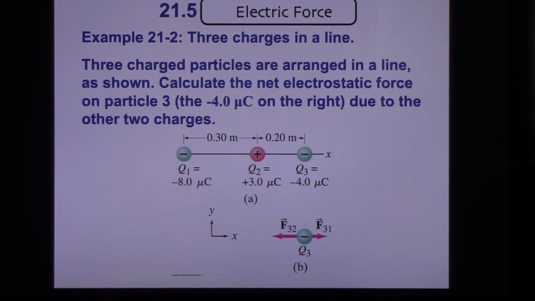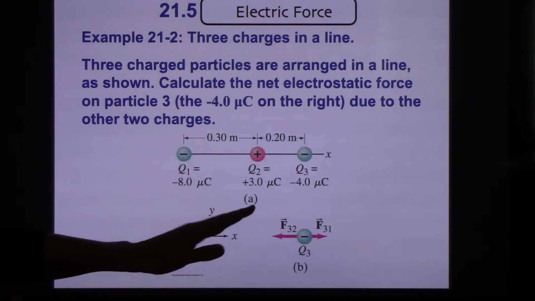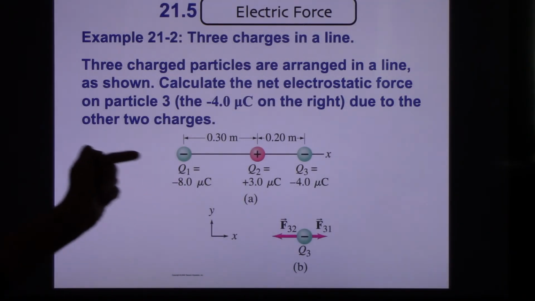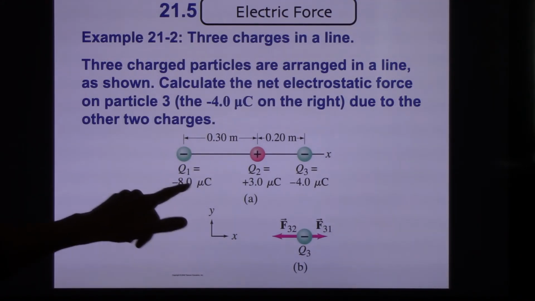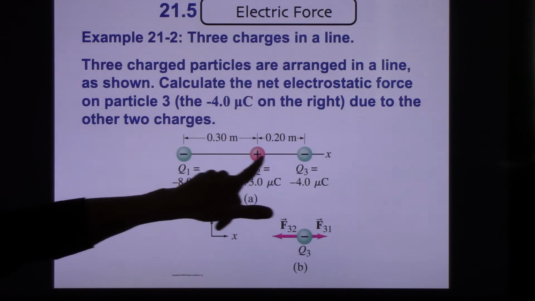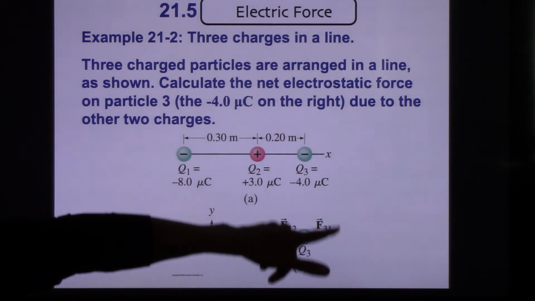They said, okay, it's a lot to ask to do all three, just do object 3. What are the forces acting on object 3? Now, we already said that object 3 is going to get pushed away due to the presence of charge 1, and it's going to get drawn in towards object 2. So here's its force diagram.